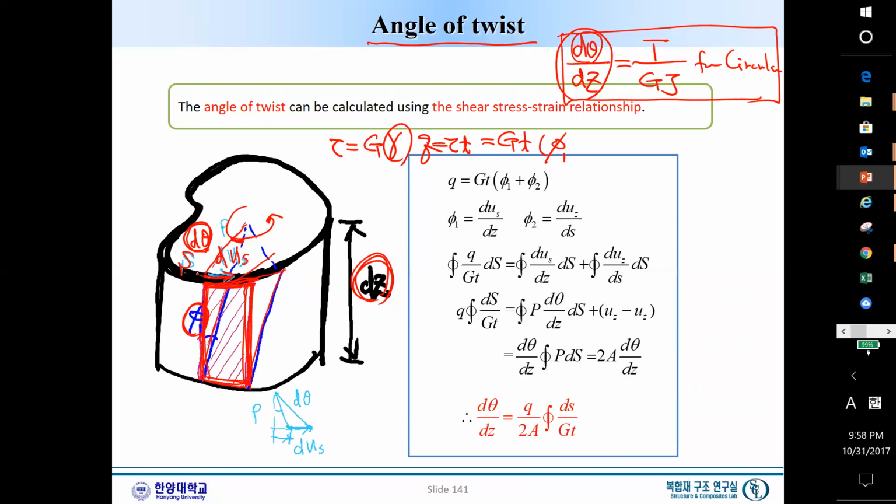But please note this P1, or P2. P2 is the out of plane deformation. I don't want to pay too much attention to this P2 because it will disappear. But anyhow, this is the shear flow.